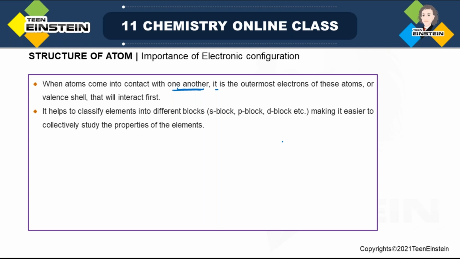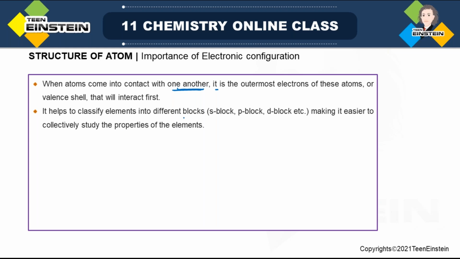It has nothing to do with it and will not participate in reaction. So it is not important. Only valence electrons are important. So for each element, if you know its valency, you can understand its reactivity. So only the outermost electrons take part, interacting with the valence electrons of the other atom.